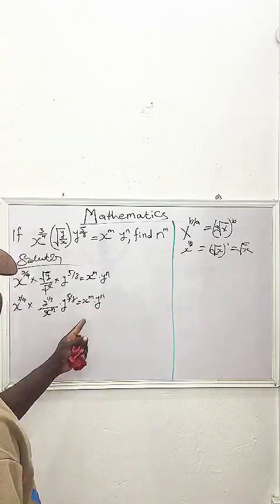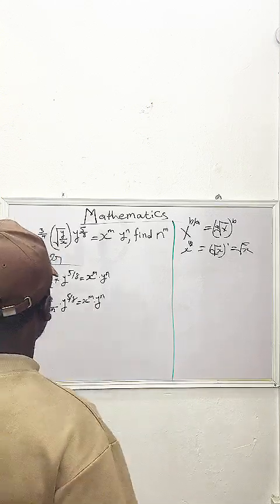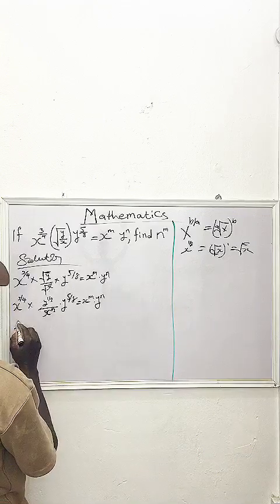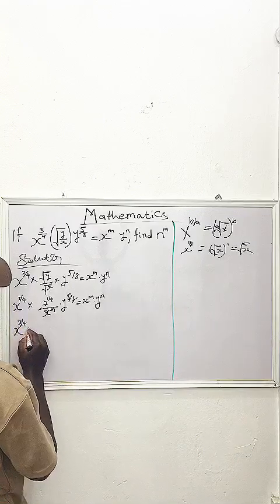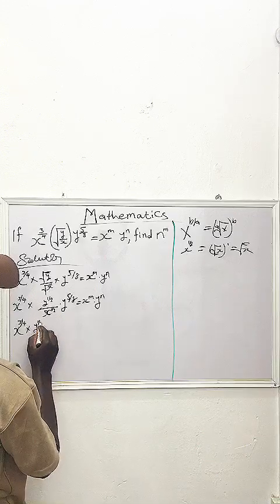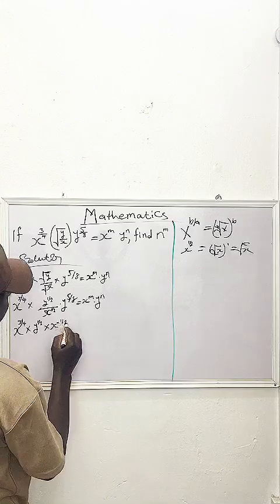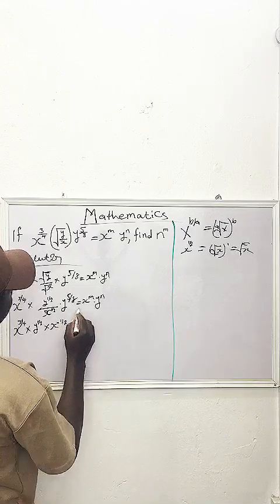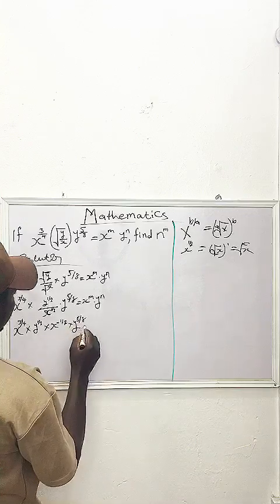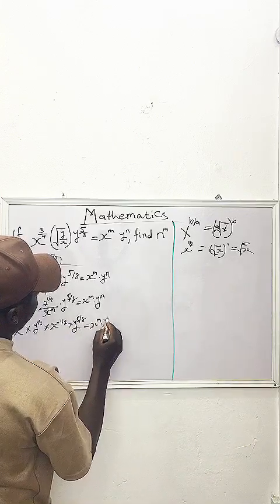Take note, dot in mathematics simply means multiplication. At this point, this becomes x raised to the power 3 over 4 multiplied by y raised to the power half multiplied by x raised to the power minus half multiplied by y raised to the power 5 over 8.